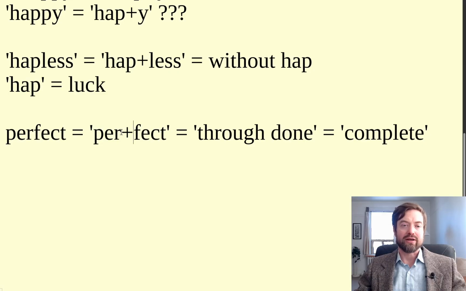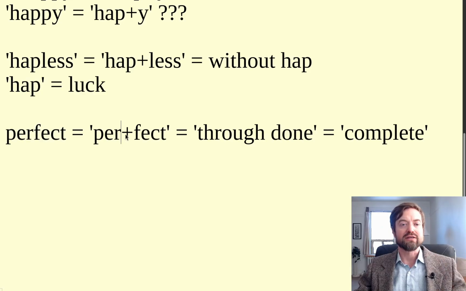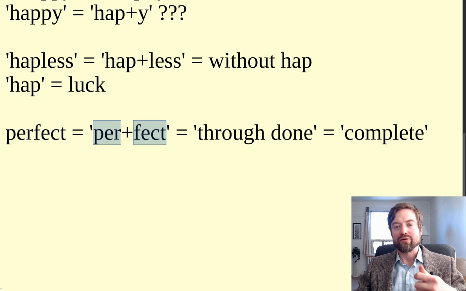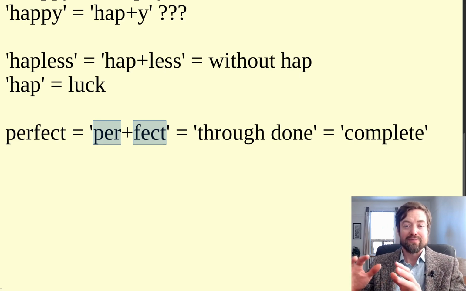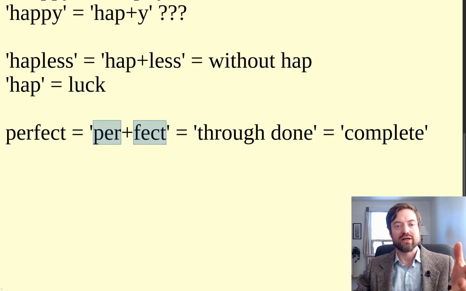Is there anybody who, in saying this word, has, somewhere in their unconscious mind, this idea of these two pieces? No. These two pieces are lost to history, or they're embedded in history, and you can recover them by studying the history of these words and studying the Latin.